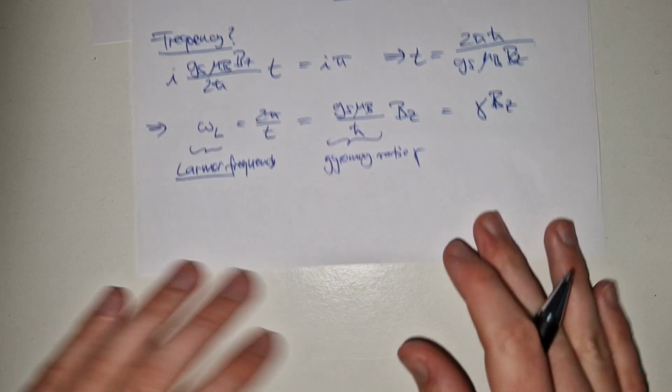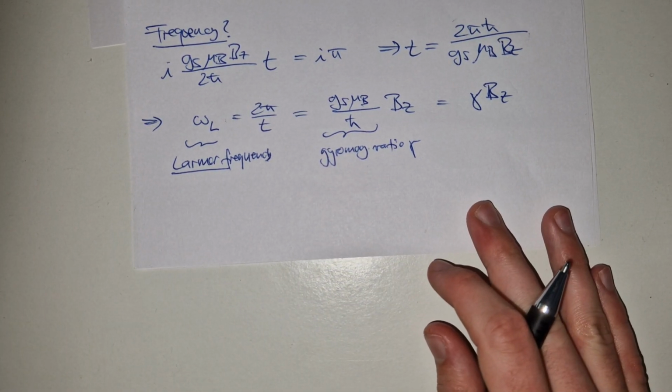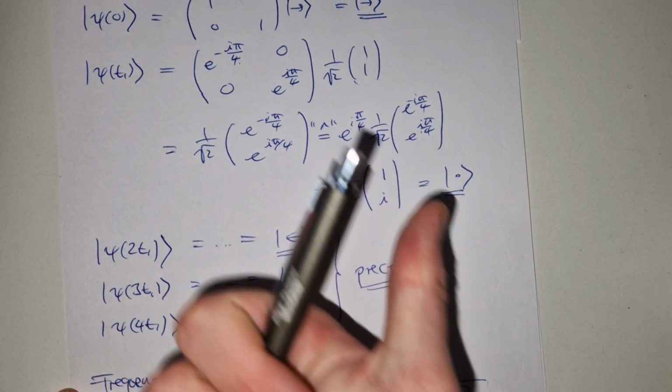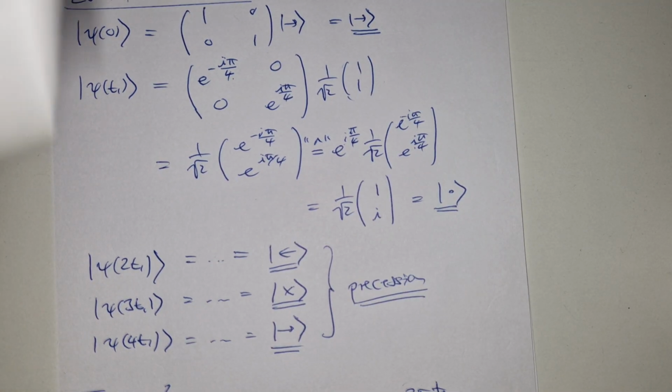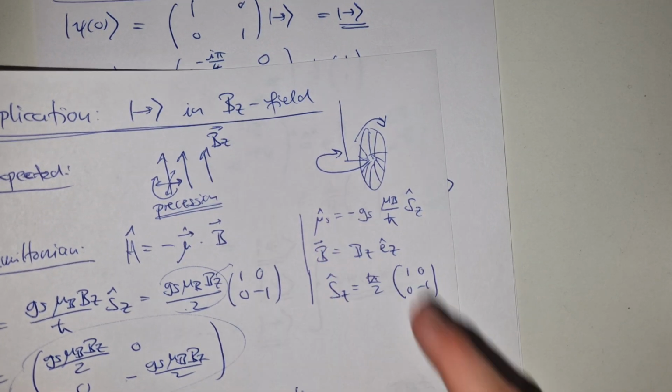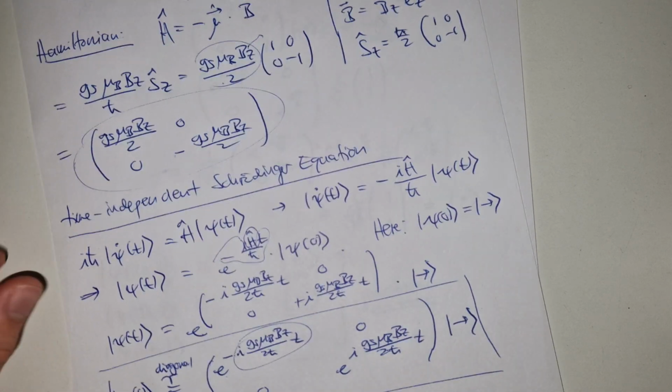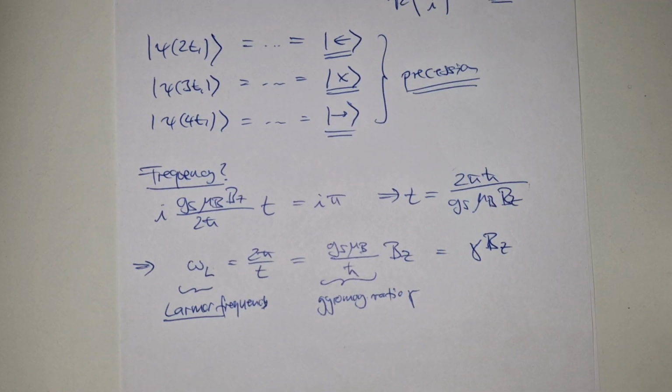So what we've derived now from basic spin mechanics, we did not use anything weird. We used the Pauli matrices, we used the fact that the magnetic dipole moment is given by this, and we used the very basic stationary or time-independent Schrödinger equation. What we got is the well-known formula for the Larmor frequency.